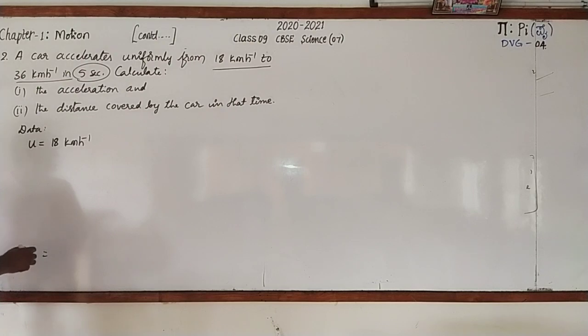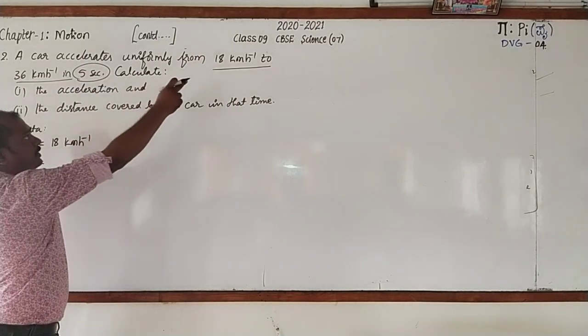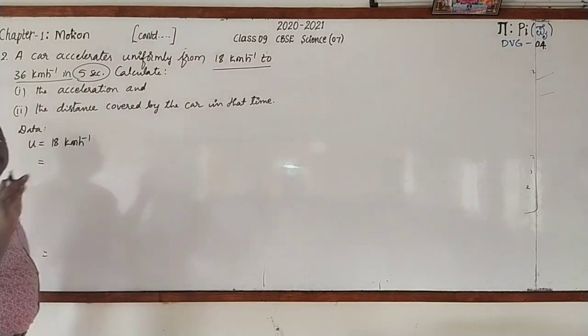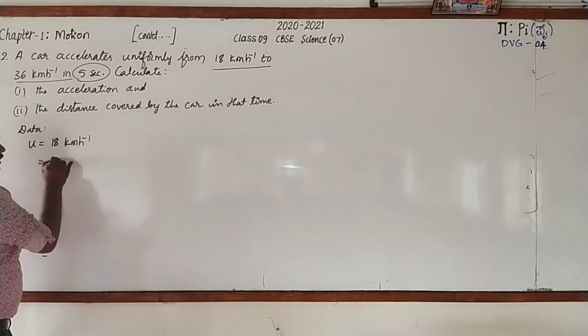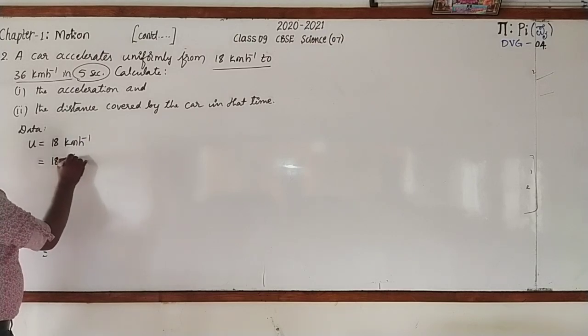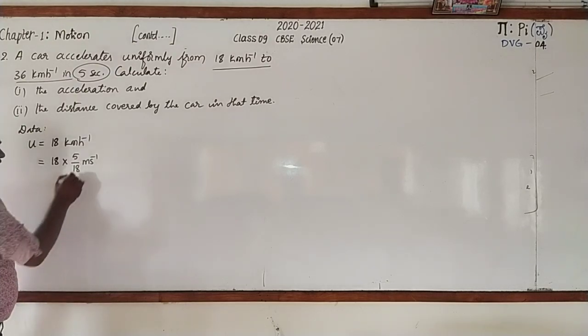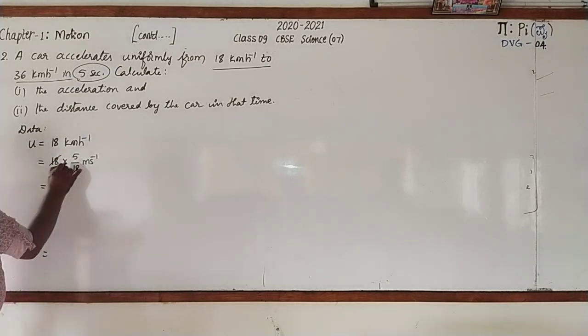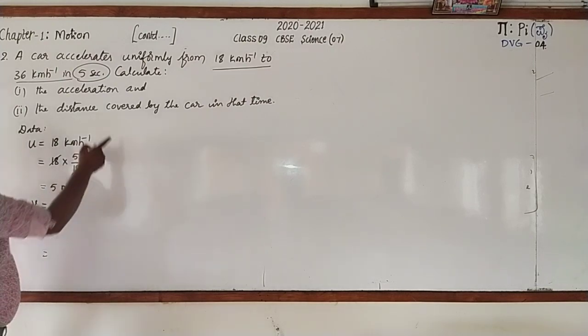Then convert this into meter per second. Because look here, it has changed its velocity from 18 to 36 in 5 seconds. Now 18 into 1 km per hour is 5 by 18 meter per second. 18 get cancelled. Now 5 meter per second. What about the final velocity?